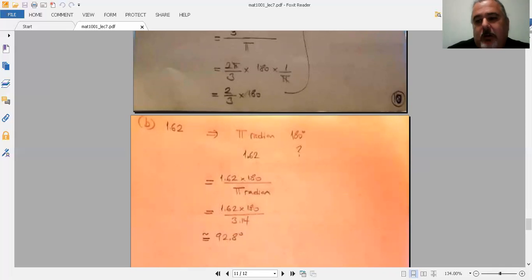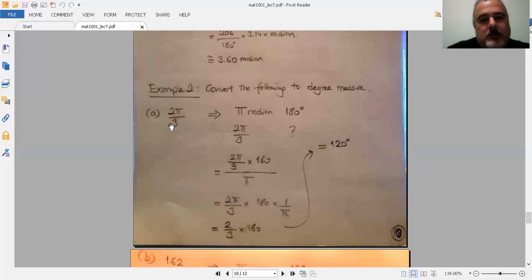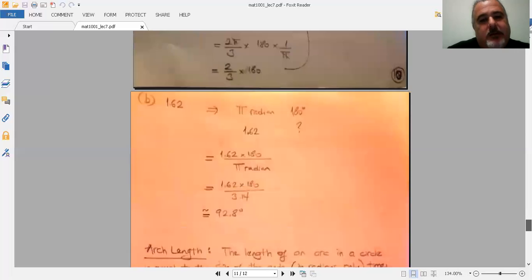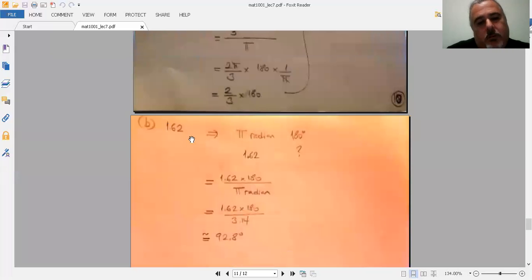1.62. Now look, this one we put pi. I can either multiply it with 3.14 and make it like that. Maybe this will not be complicated, but a little bit confusing. But with the same formula, if pi radian is 180 degrees, 1.62 is what? 1.62 multiplied by 180 divided by pi.